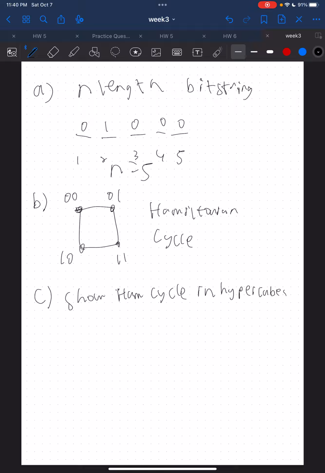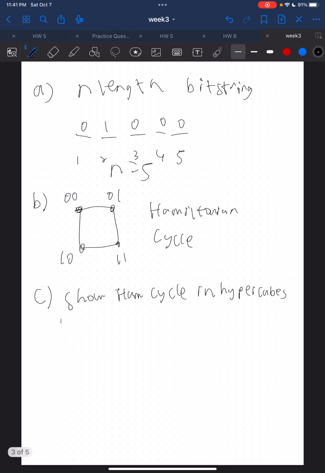So this is a proof question. We must show a property of the hypercubes, which is having a Hamiltonian cycle. In order to show this, I'm going to use a proof by induction. Let's start off with our inductive hypothesis. So what is the hypothesis?